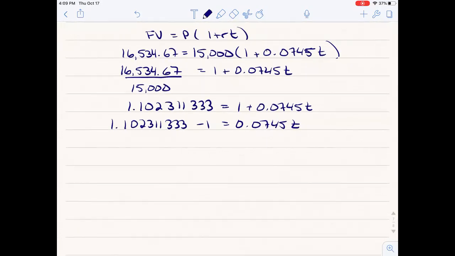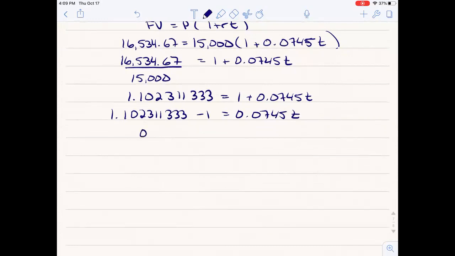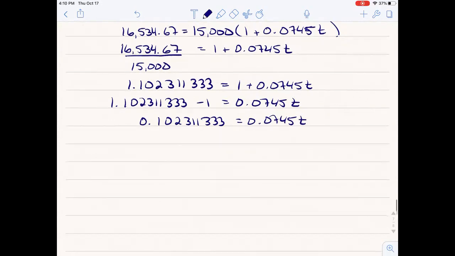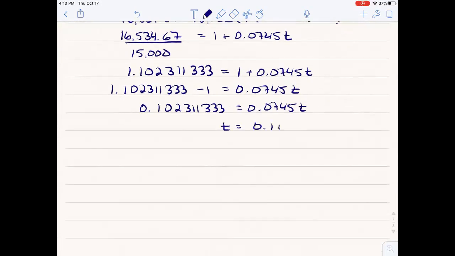So minus 1, I get 0.102311333 is 0.0745 t. So t is 0.102311333 divided by 0.0745.